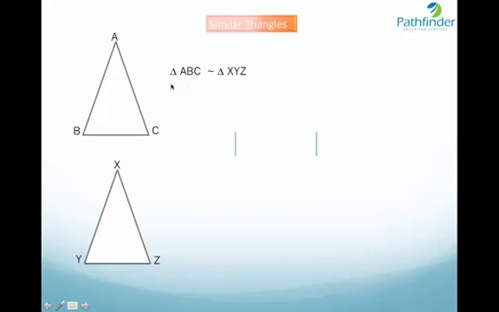Now remember, universally this is an accepted convention that if triangle ABC is similar to triangle XYZ, we also imply that angle A must be equal to angle X, angle B must be equal to angle Y, and angle C must be equal to angle Z. So this is a universally adopted convention and you should follow it unless it is stated in the question otherwise.